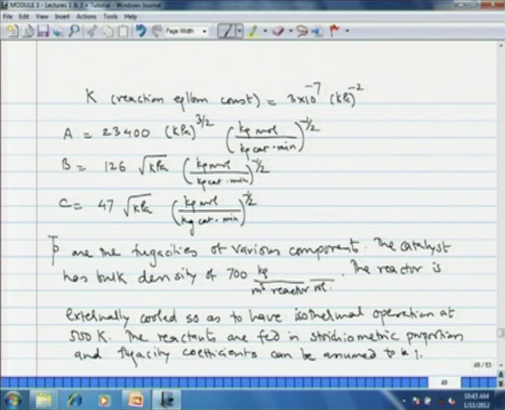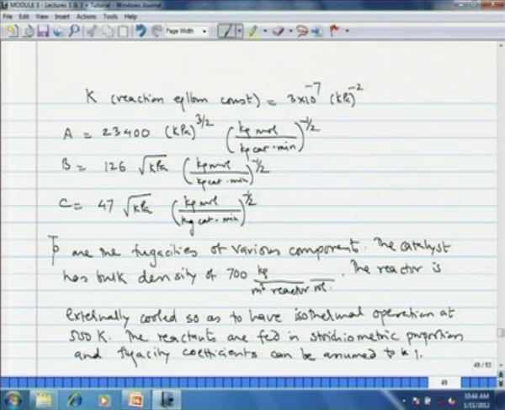A is 23,400 kilopascal raised to 3 by 2 into kg mole per kg catalyst per minute raised to minus half. The unit remains the same for the others; for B, the value is 126, unit is root kPa into kg mole divided by kg catalyst per minute raised to minus half. C is 47 root kPa, kg mole per kg catalyst per minute raised to minus half.